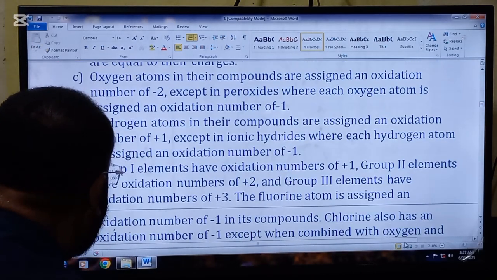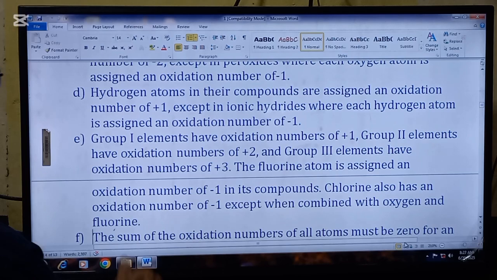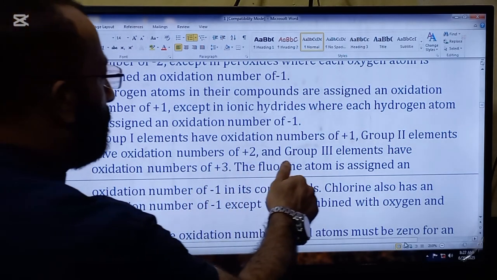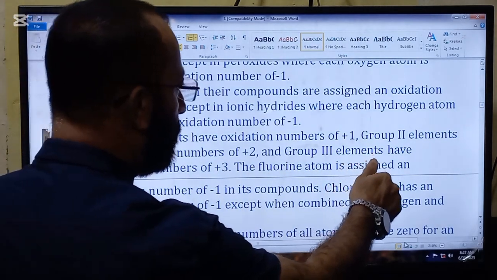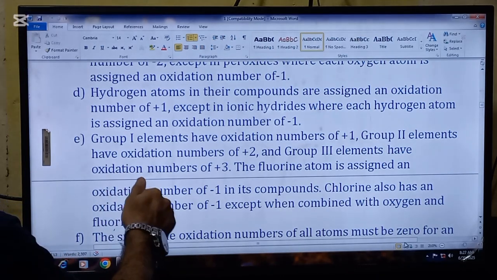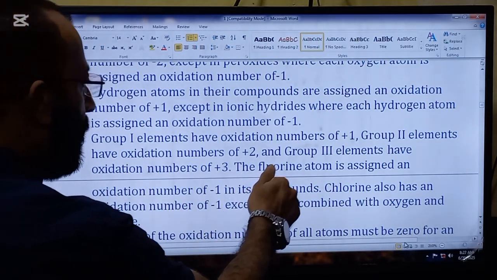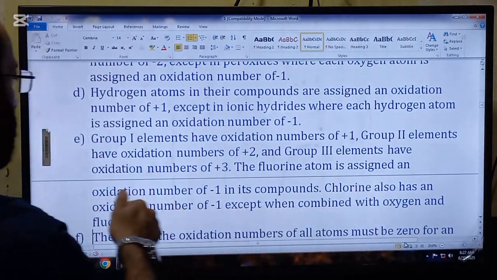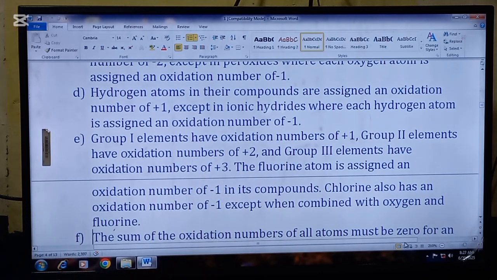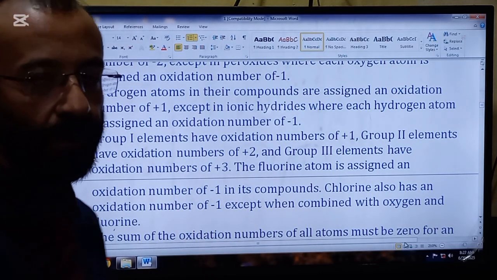Okay, the next rule is group 1 elements have oxidation number of +1. Group 2 elements have oxidation number of +2. And group 3 elements have oxidation number of +3. So this is the rule.